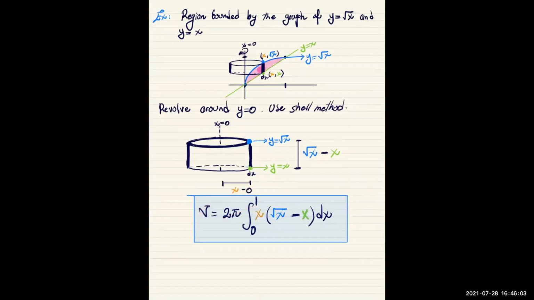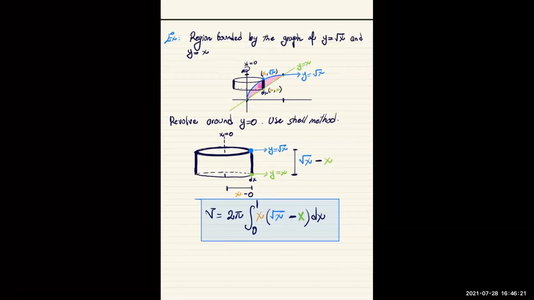Both of these integrals give you the same value. If you have the patience to do them, you should get the same thing. But the advantage of using the shell method here is that I don't need to convert these into x as a function of y, I just kept it. Integration is with respect to x. Great thing about shell methods.